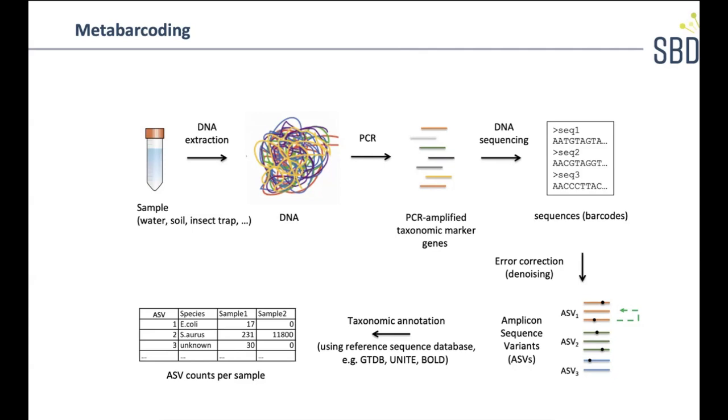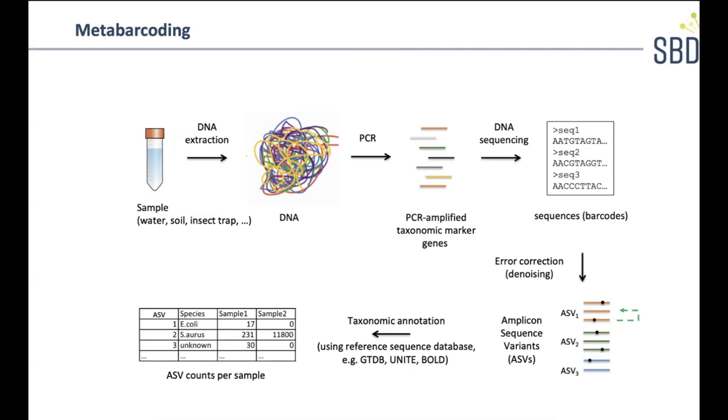Then when we have all this data, we remove errors in the sequencing, and we retrieve these amplicon sequence variants, which should be true biological sequences that can differ as little as one base between them. Then when we have this list of ASVs, we do a taxonomic annotation of them using a suitable reference database.